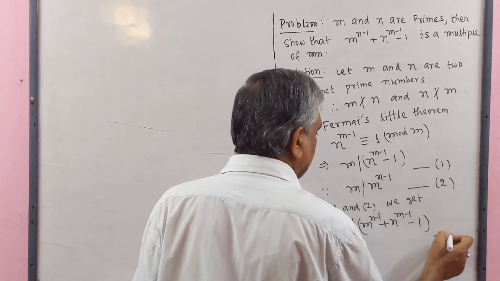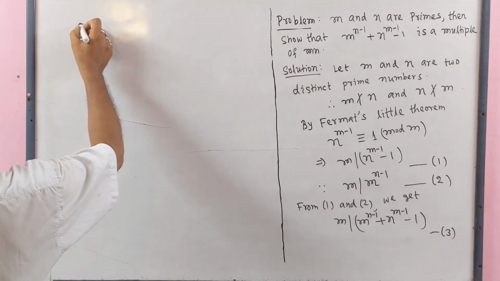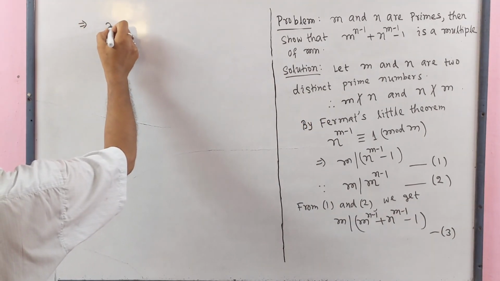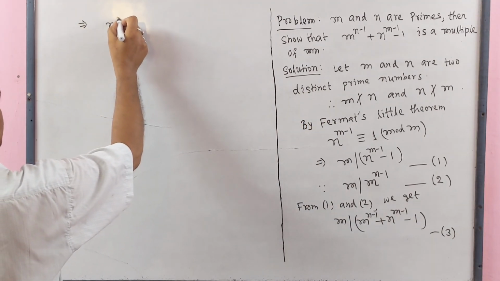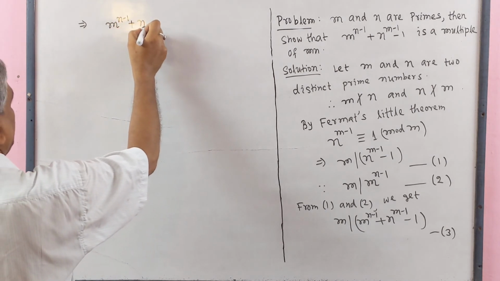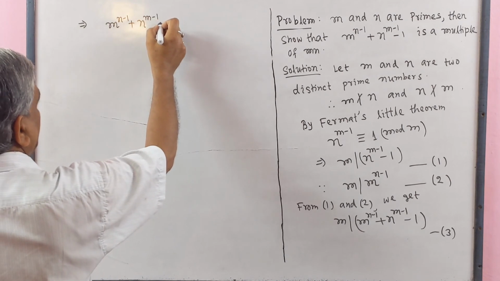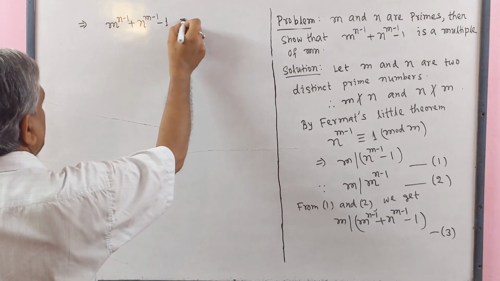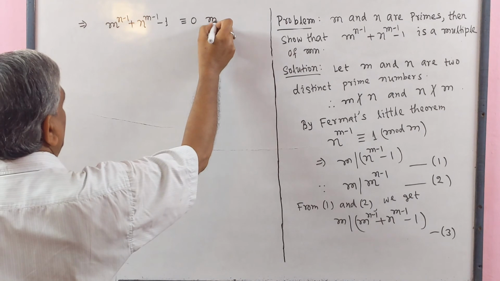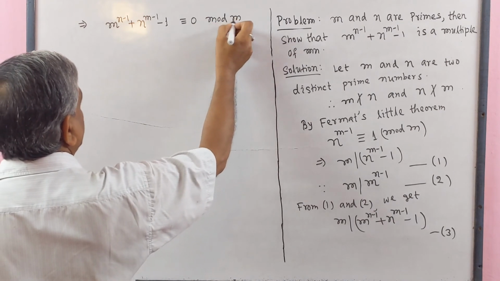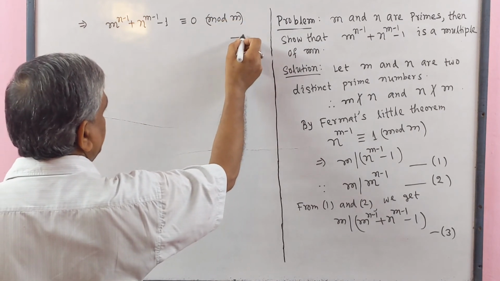This is number 3. Implies that m to the power n minus 1 plus n to the power m minus 1 minus 1 is congruent to 0 modulo m. This is number 4.